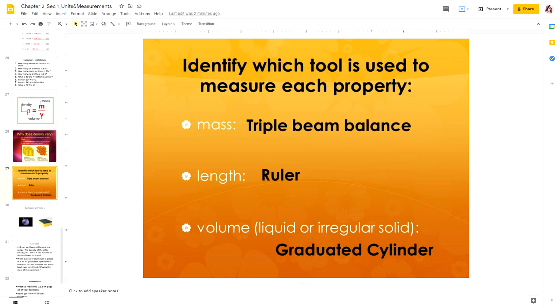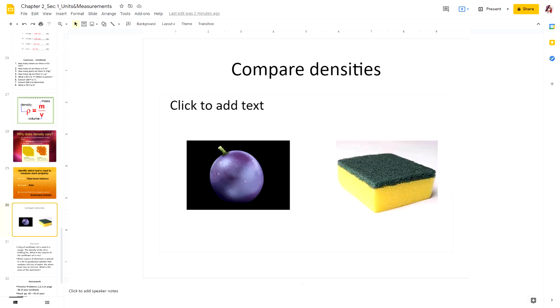Now, a simple comparison of densities. You have that object there, which is quite compact and solid, while the other one is a sponge and squeezable, right? And the particles would not be as compact. That's the first one.